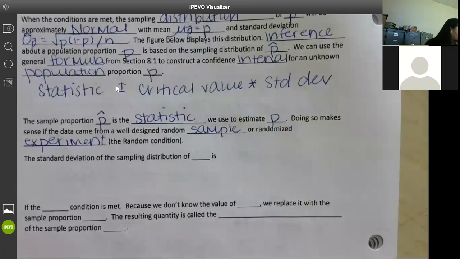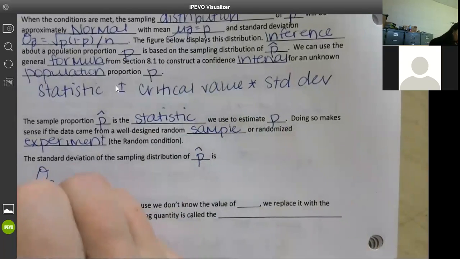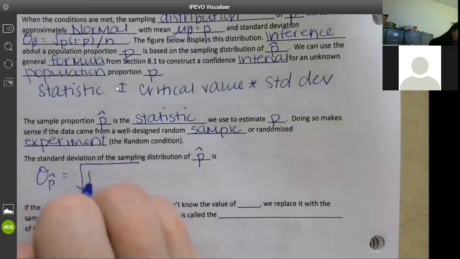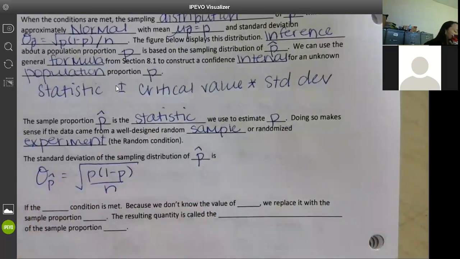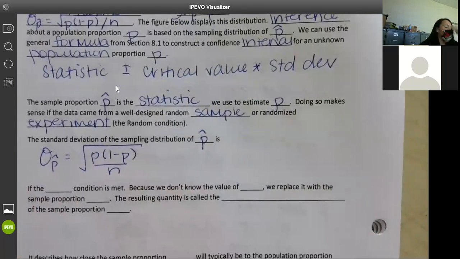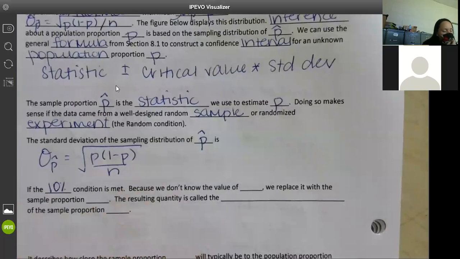The standard deviation of the sampling distribution of P hat is that same formula we've been writing, but we can only take that if the 10% condition is met.